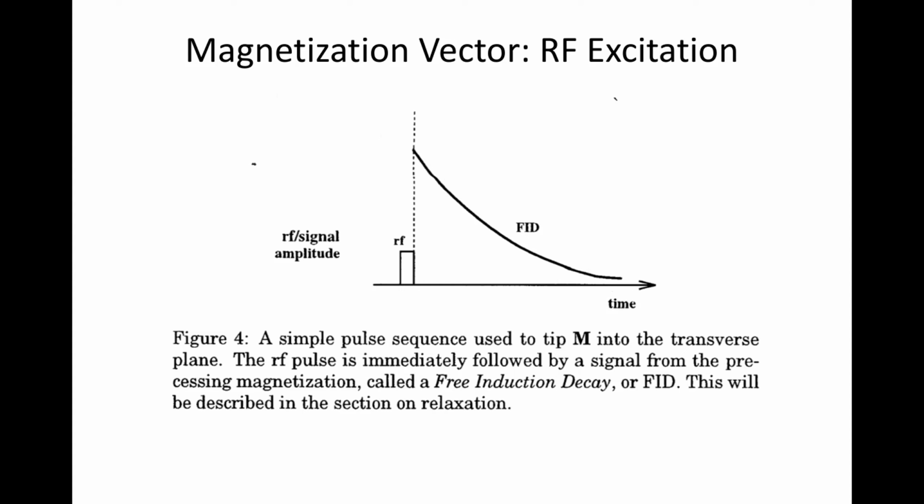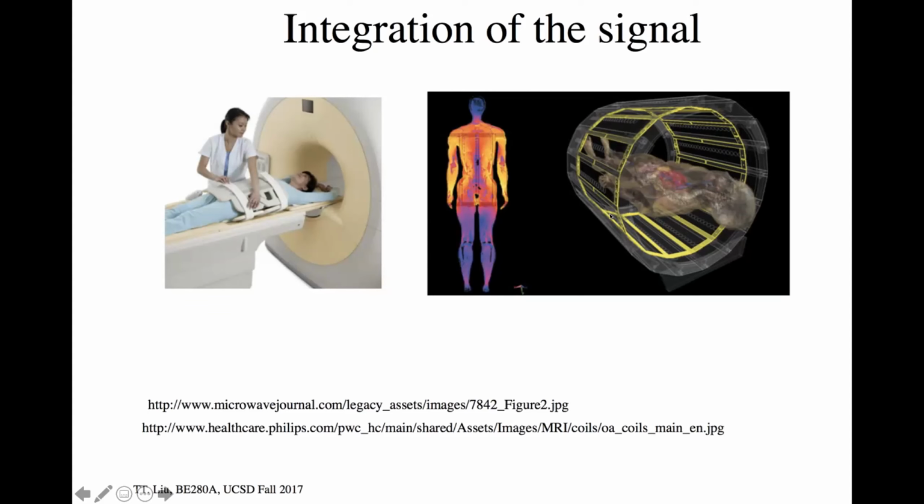So what does the hardware look like to make this happen? Here's the patient lying in the bore of the scanner. The coil used to transmit the radio frequency to create that B1 field we saw in the previous figure usually looks something like this.